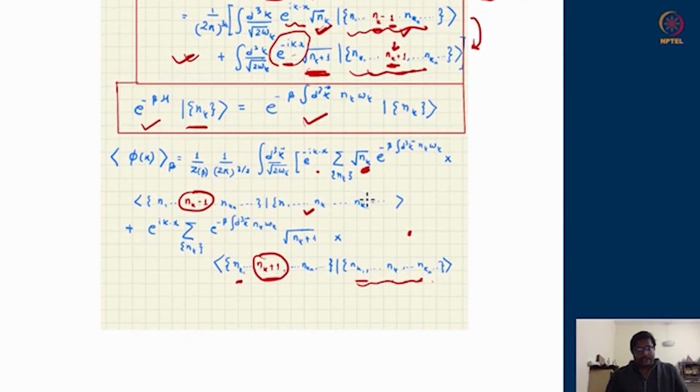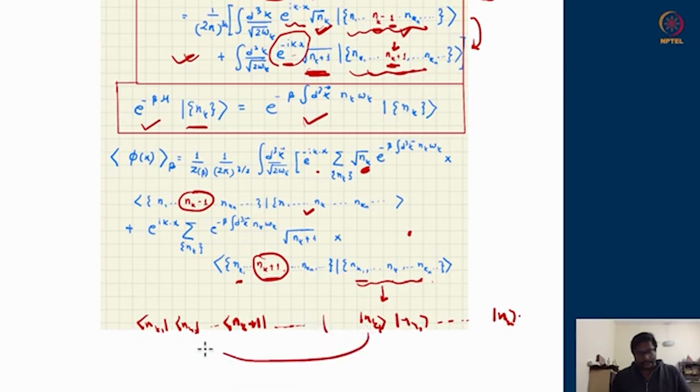However, we can see this can be written as nk1 ket, nk2 ket, similarly, and nkn ket, and this will keep going on. And similarly here it is nk1 bra, nk2 bra. In between somewhere I have one extra particle in the kth mode, nk plus 1, and then all other things.